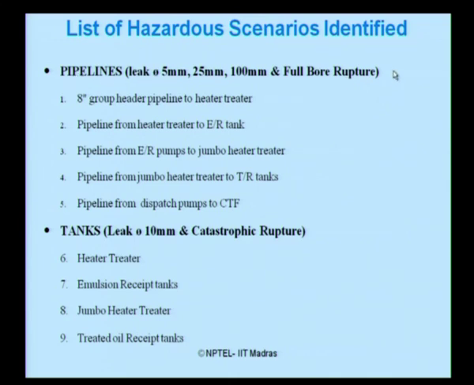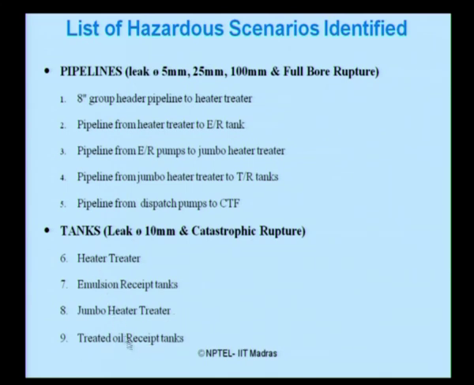Now, the second category of hazard scenario identified by me is basically the tank. I am looking at the heater treater, the ER tanks, which I call emulsion receipt tanks, the jumbo heater treater and the treated oil receipt tanks.